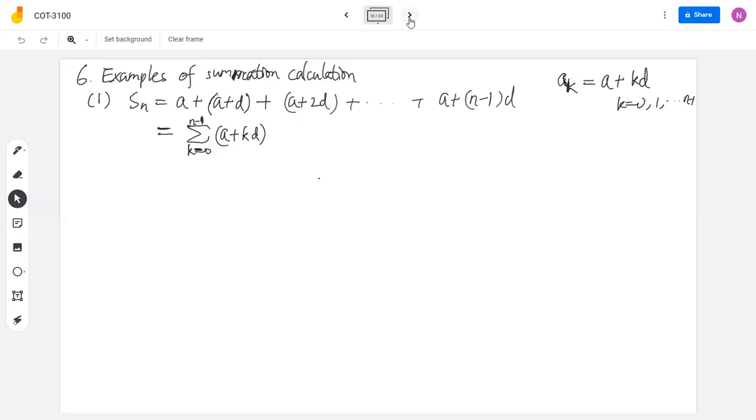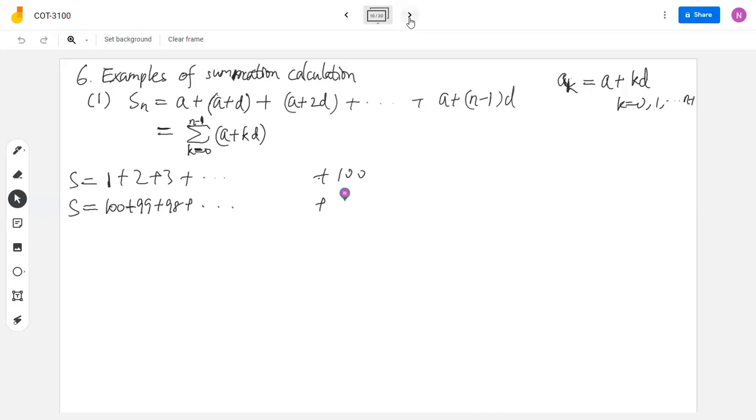We can use Gauss's trick. Remember, Gauss's trick is like this. When you do the summation 1 plus 2 plus 3, all the way to 100, your S is this. And then you rewrite S backward: 100 plus 99 plus 98 and so on, plus 1.